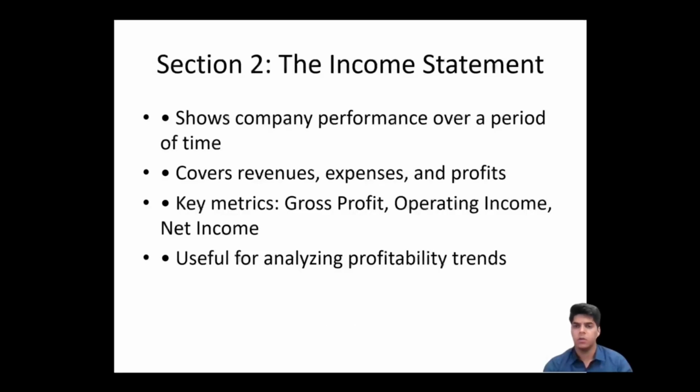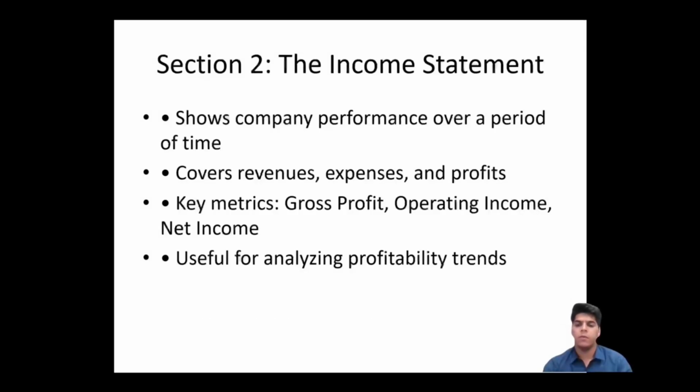Gross profit is calculated after deducting cost of sales from actual sales, which shows how efficiently the company produces its goods. Operating profit is calculated after deducting other operating expenses from gross profit and reflects the core business performance.